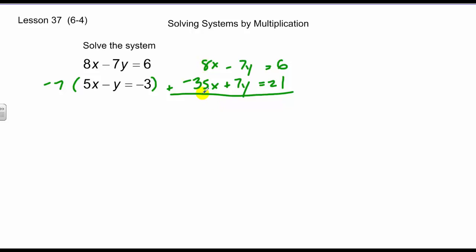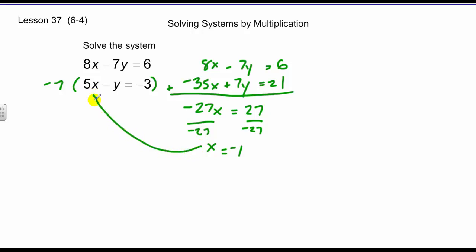If I take negative 35 plus 8, I get negative 27x, and that's equal to 27. Dividing by negative 27 on both sides, I get x equals negative 1. And then I could go back to any of my equations and solve for y. I'll just go right here and say 5 times negative 1 minus y is equal to negative 3.